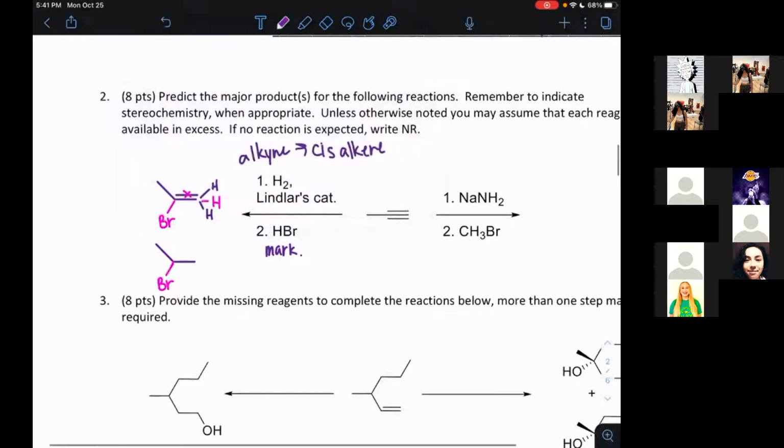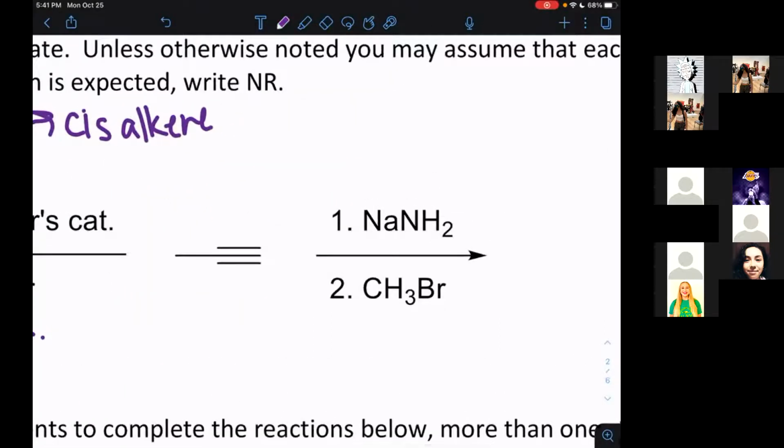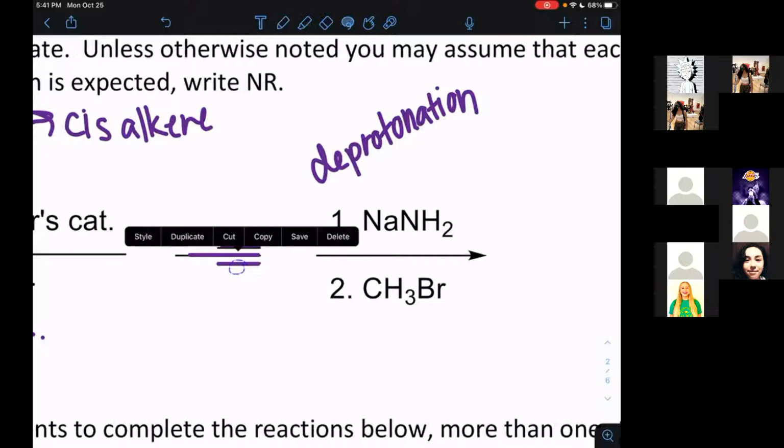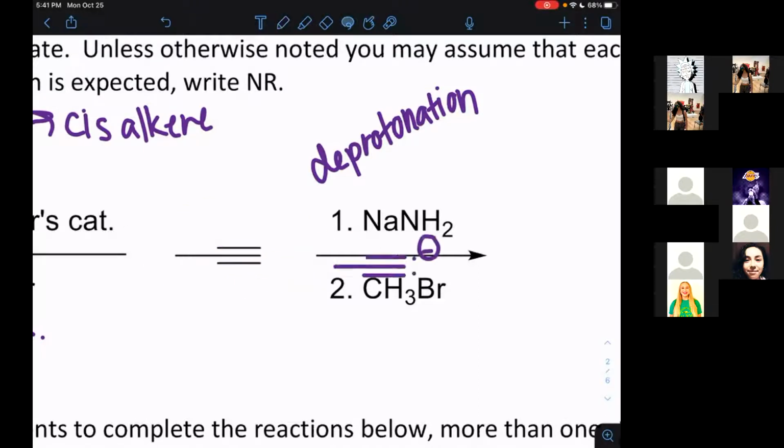This one. So first is the deprotonating one. For the first step, we'll have the same structure, but we took off the hydrogen at the end.